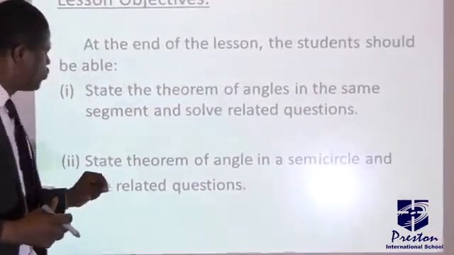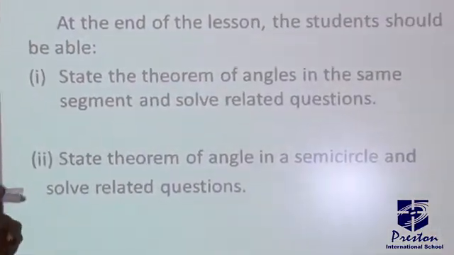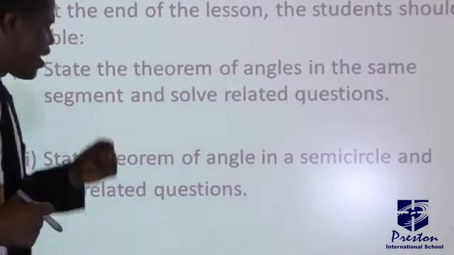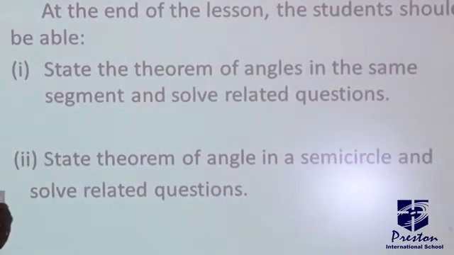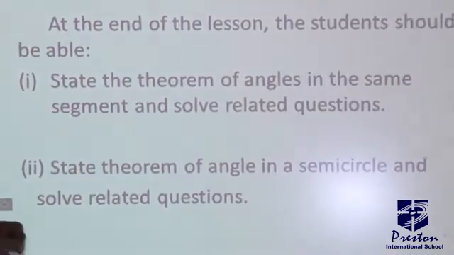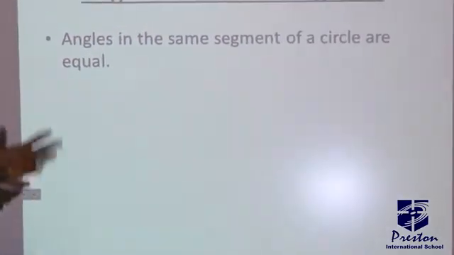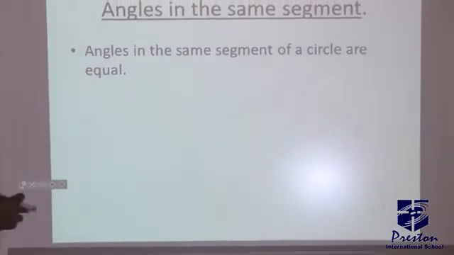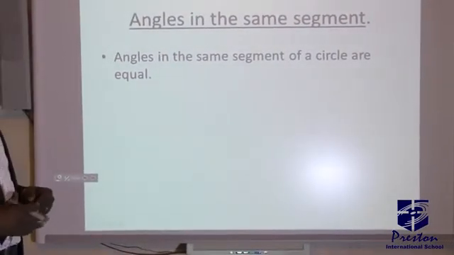Also, you should be able to solve some questions on the theorem of angle in a semicircle and solve some past questions. So now let us look into the first one, angles in the same segment.